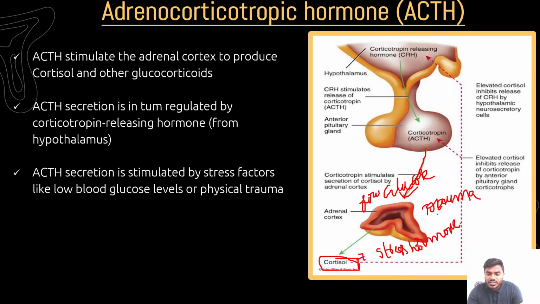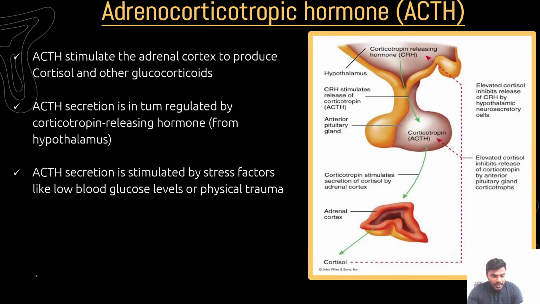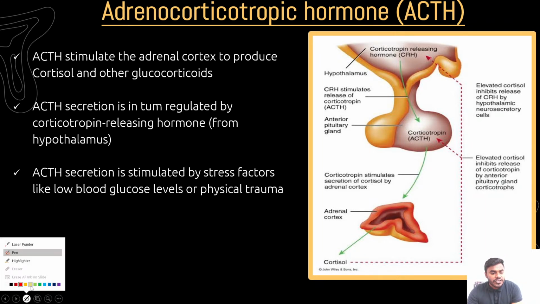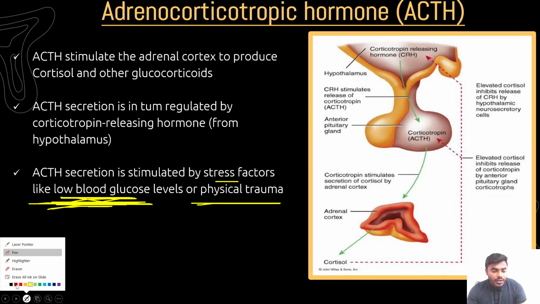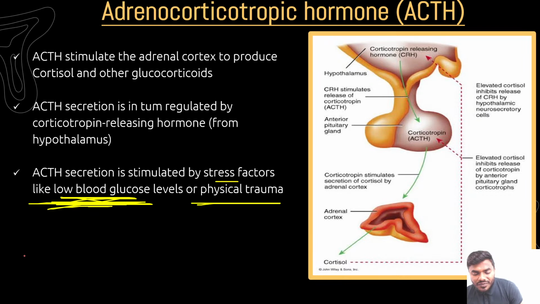Only during this particular condition is the cortisol getting released. Now I will tell you what happens when the cortisol is released. All the students follow me very correctly, friends. Just listen to me carefully. Suppose, for example, what is the condition, friends? Follow me everyone. There is a condition of low blood glucose level. There is a condition of severe stress. There is a condition of physical trauma. During this condition, follow me very correctly, friends.